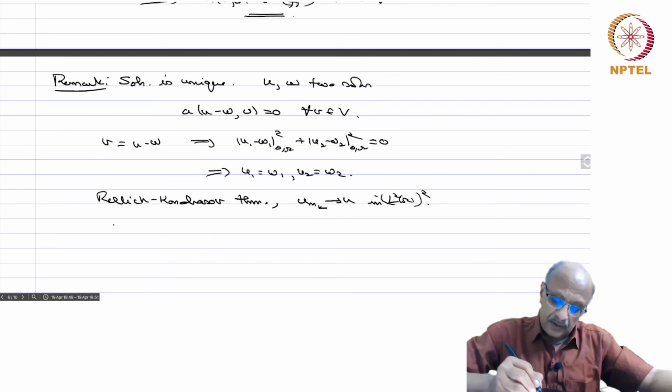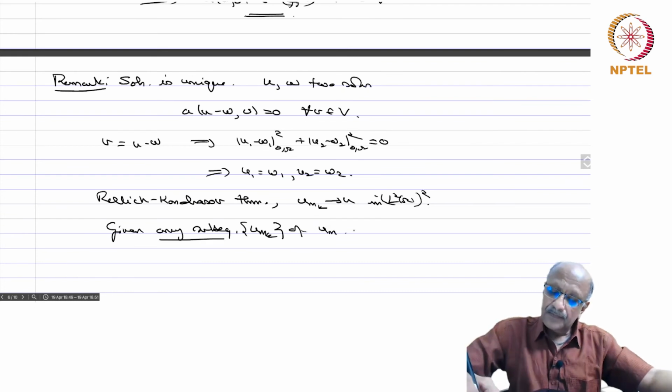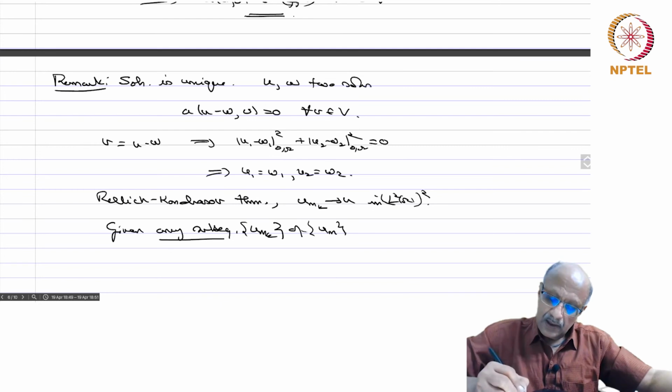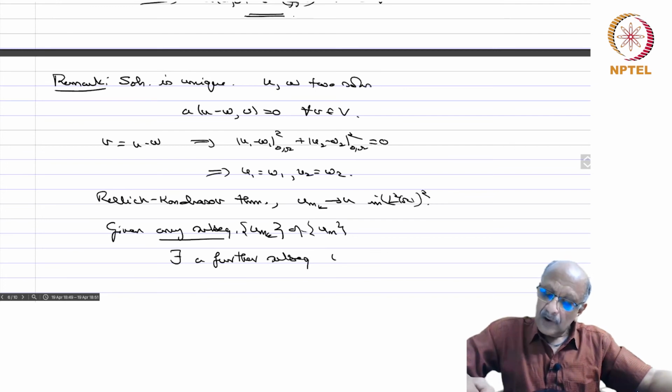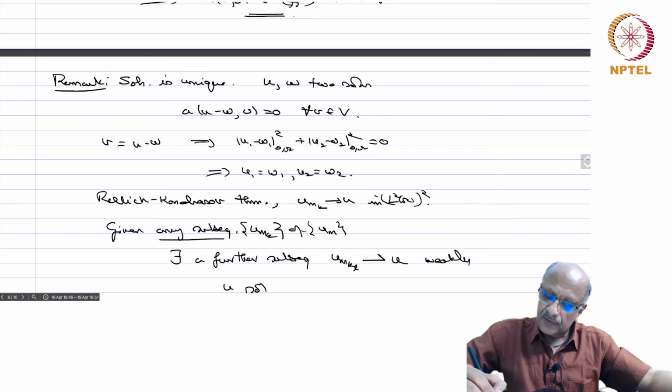Now given any subsequence u_mk of the sequence, there exists a further subsequence u_mkl which converges weakly to U, the solution of the system.